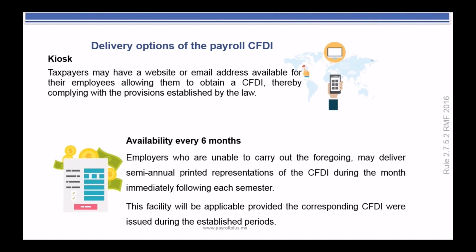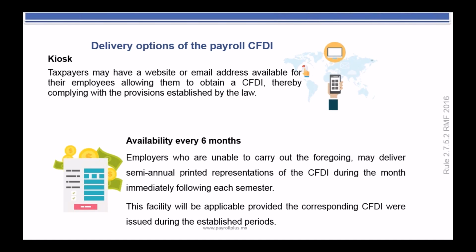In regards to the delivery of the XML, we can deliver the XML at the moment of the payment. We also can deliver a printed version with 3 requirements, which were the tax number of the CFDI, and the tax ID for the employer and for the employee.